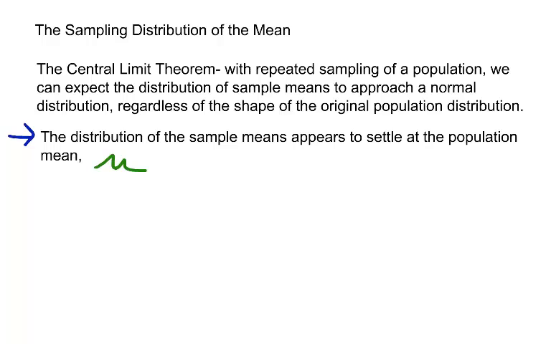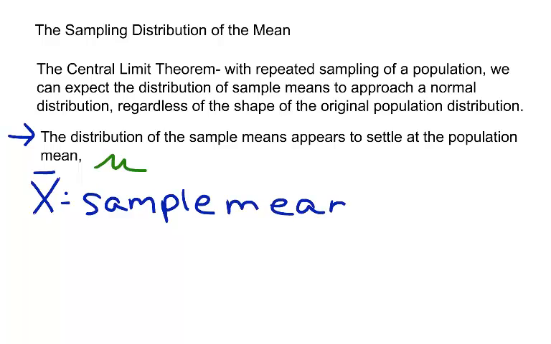You also need to know that the symbol for sample mean is given by x bar, and when you see the symbol mu, a Greek letter, it refers to the population mean.